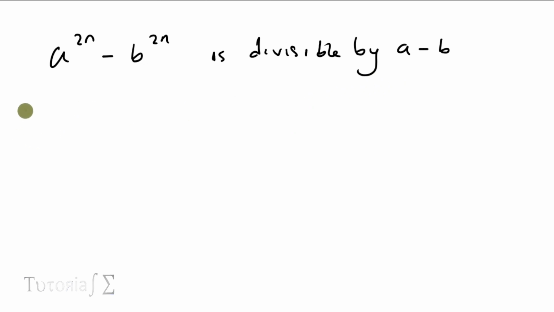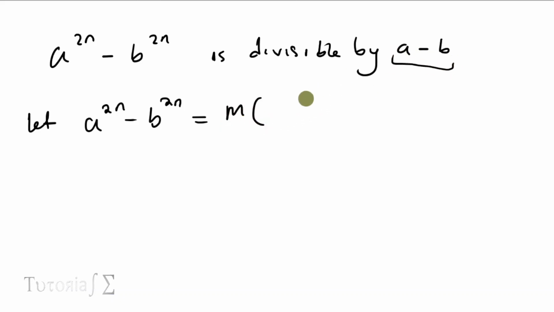So showing for divisibility, we let a to the power 2n minus b to the power 2n be equal to some constant. We can even say m times whatever we are asked to be divisible by, a minus b.